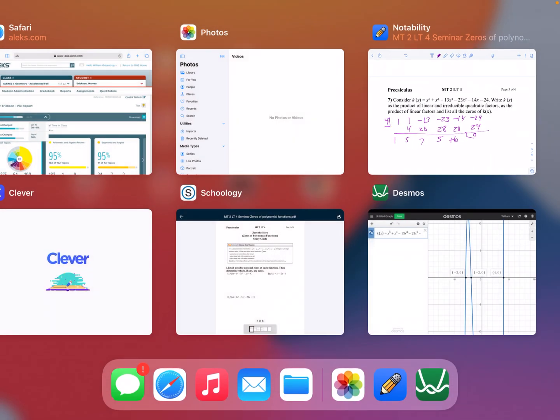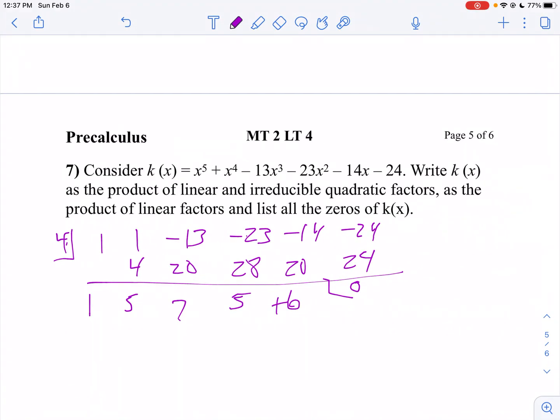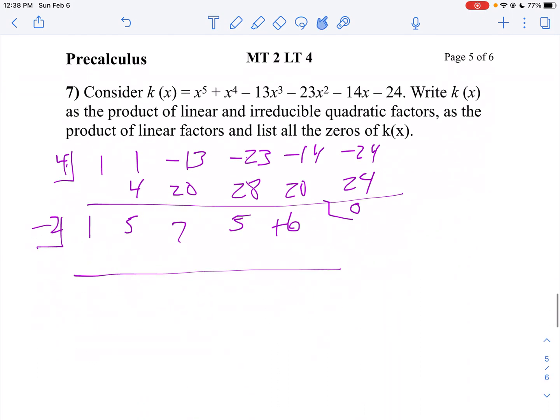Now let's check the other ones here. Let's check -2. So I've got -2, and we'll check that one. I bring down the 1. 1 times -2 is -2, which gives me 3. 3 times -2 is -6, which gives me 1. 1 times -2 is -2, which gives me 3. 3 times -2 is -6, which gives me 0 again.